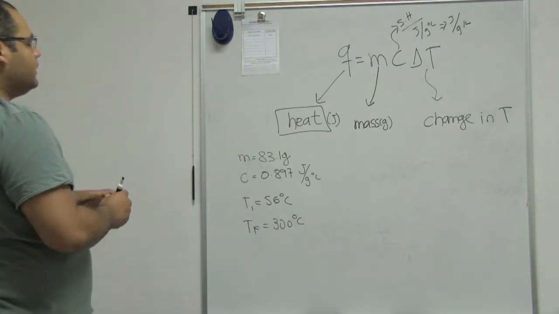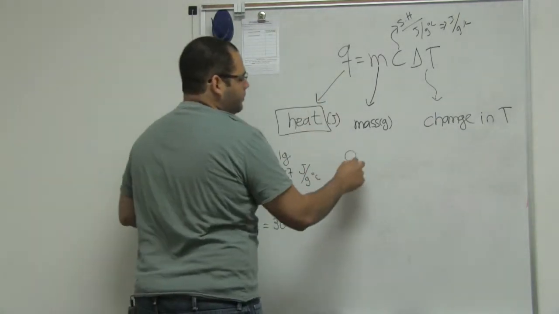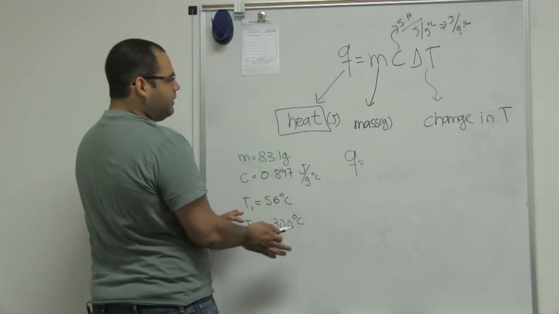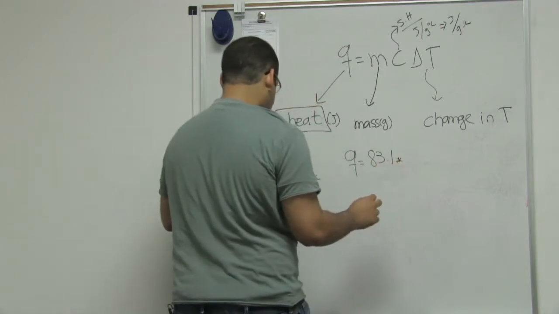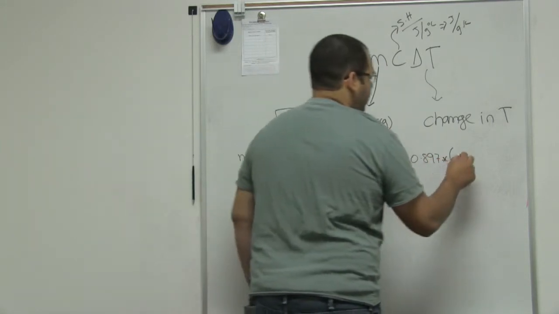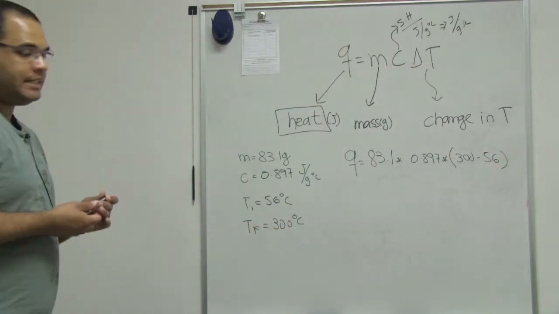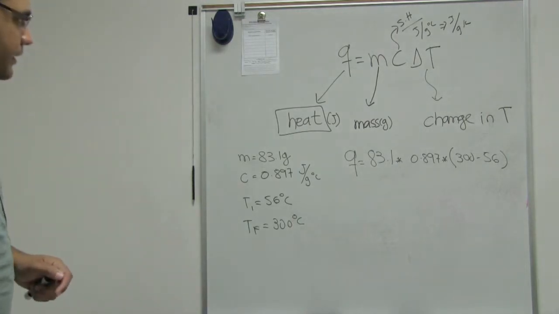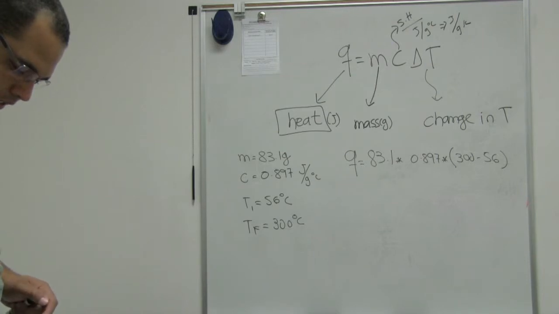So what we do, they ask how many joules are required, so they're asking for Q. So Q is equal to, and then I plug my numbers straightforward into my formula: 83.1 times 0.897 times final minus initial temperature in parentheses, which is my delta T. So if I do that, it would be 83.1 times 0.897 times parenthesis 300 minus 56 close parenthesis.